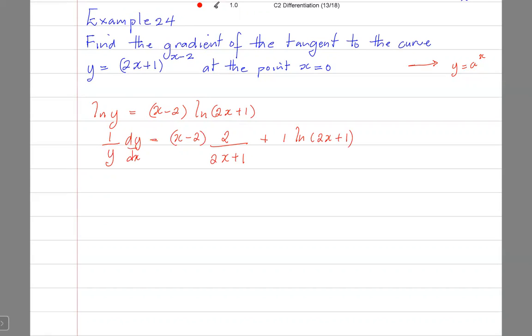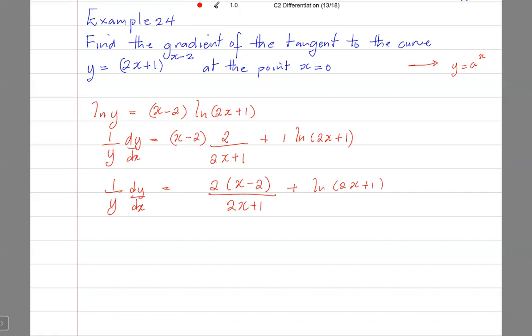So then I have 1 over y dy by dx is equal to, tidying up, 2 into (x minus 2) over (2x plus 1) plus ln(2x plus 1).